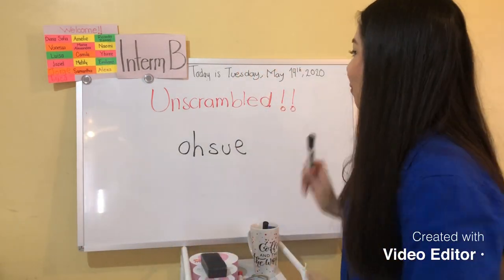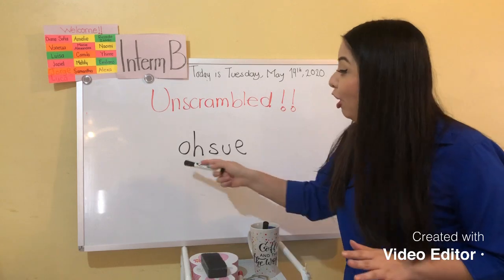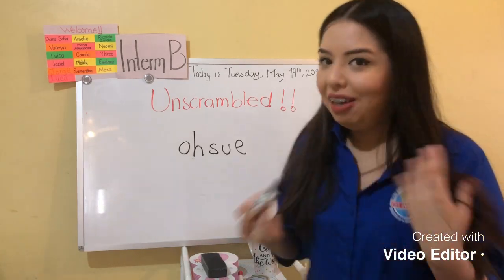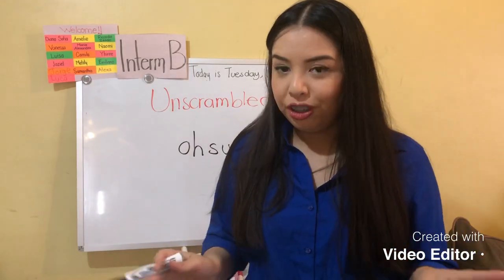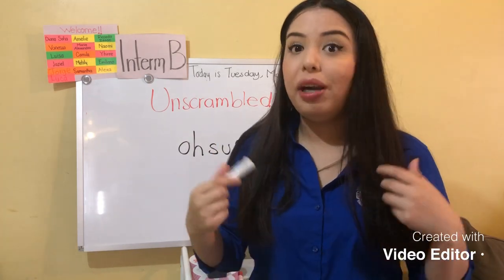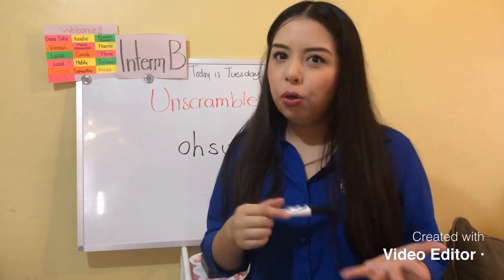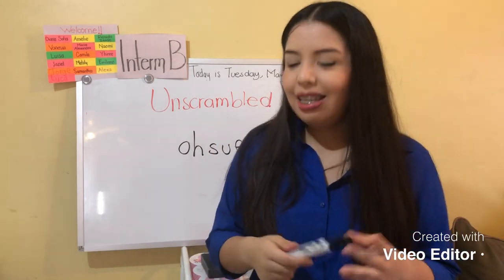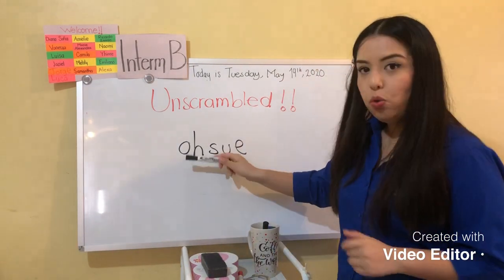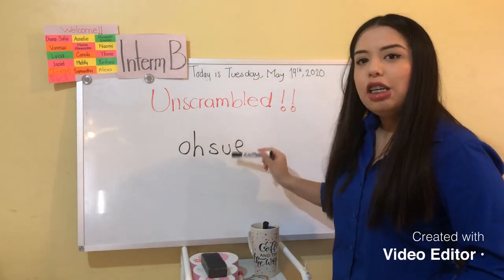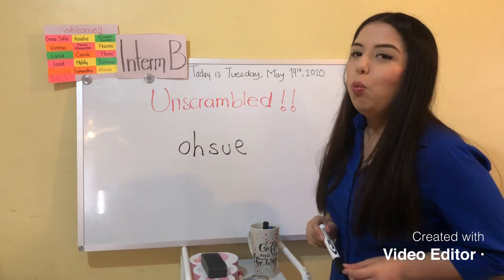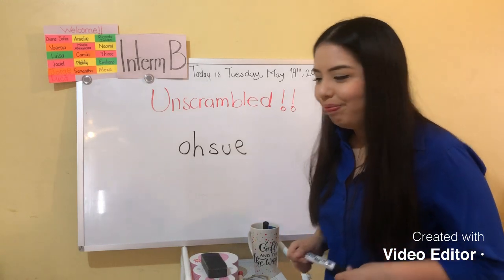So on Scrabble, we have different letters in here. The letters are not in order, so you need to look and identify what word it is. Example, O-H-S-U-E. What word is that?